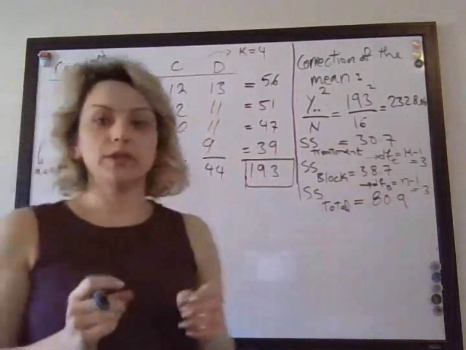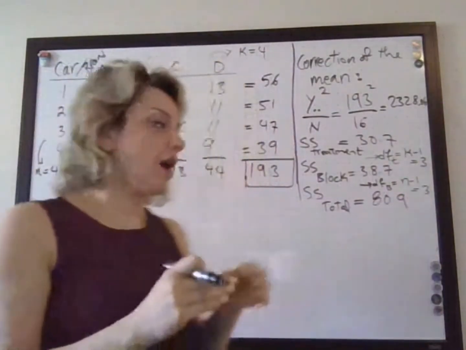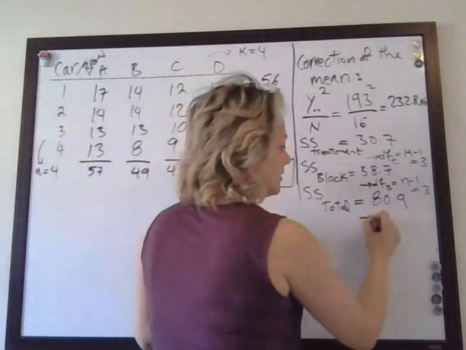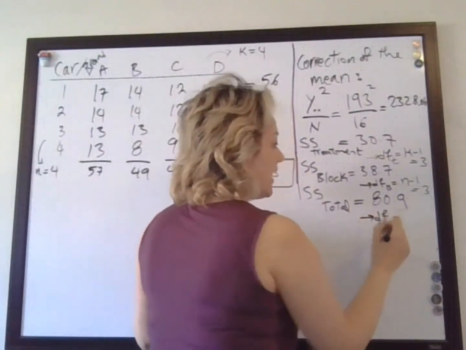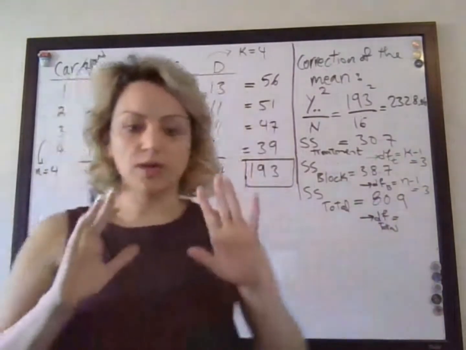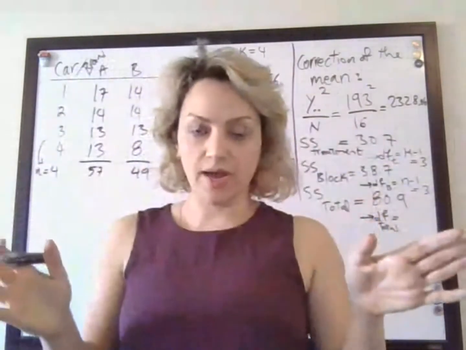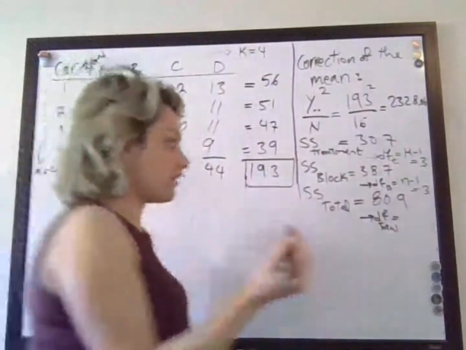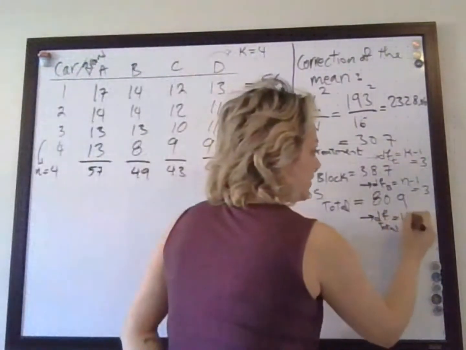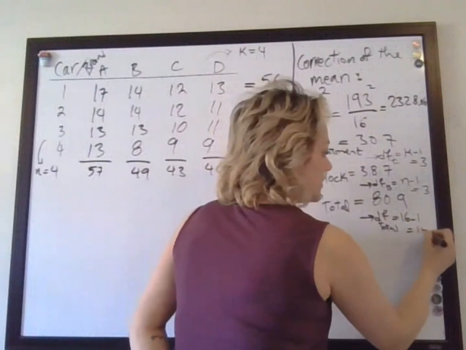And then for the total, the degree of freedom of total, one thing you can do is take the number of observations that you have, 16, minus 1. So it's going to be 15.